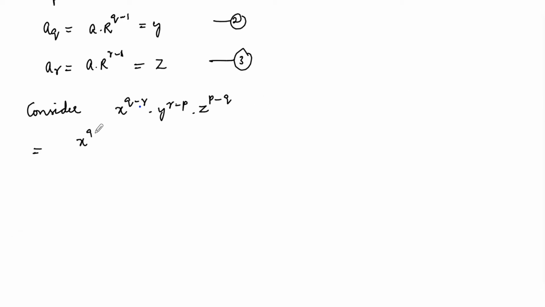x to the power q upon x to the power r into y to the power r divided by y to the power p into z to the power p divided by z to the power q.